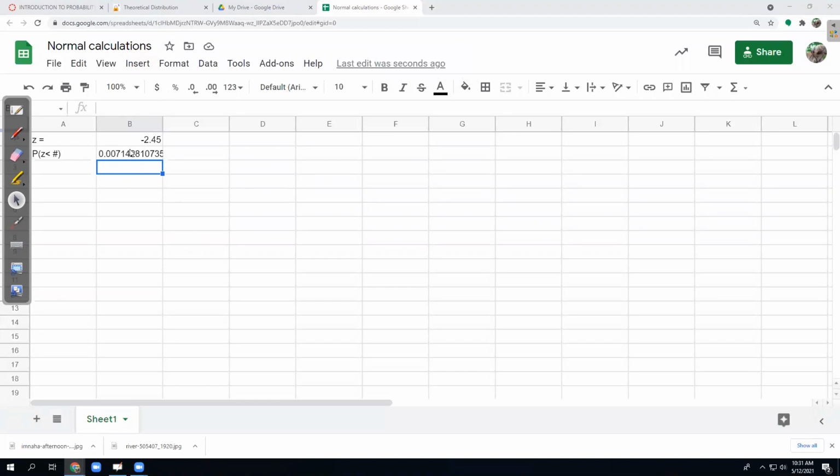Again, the formula that I used here was NORM.DIST, and it wants what's your x or z, they just call it x, what's the mean, what's the relevant STD, that depends, and then always type true. It doesn't have to be capitalized. What this calculates for us is a left tail. If you want a right tail, then we got to pull another trick on it. I'll show that in a moment.